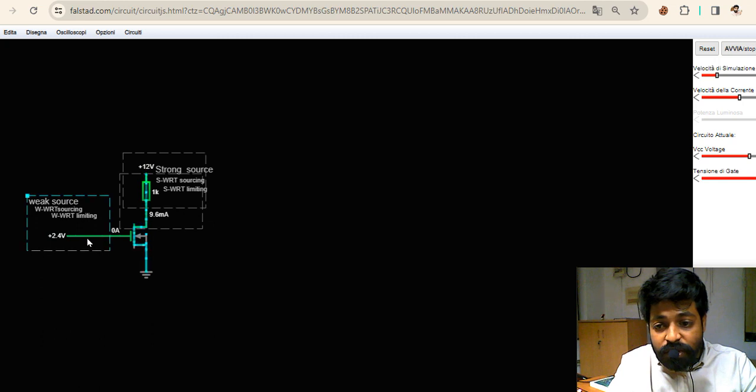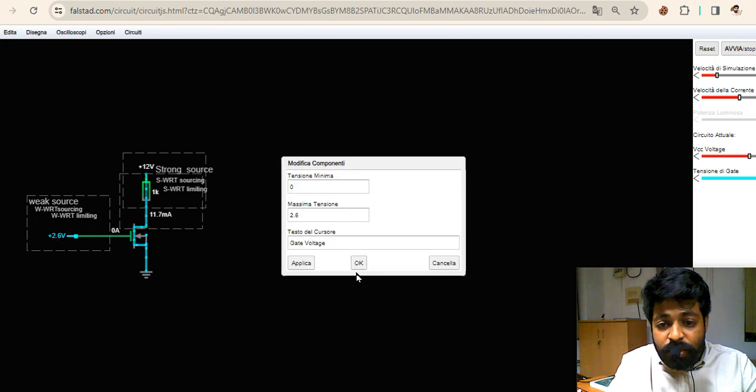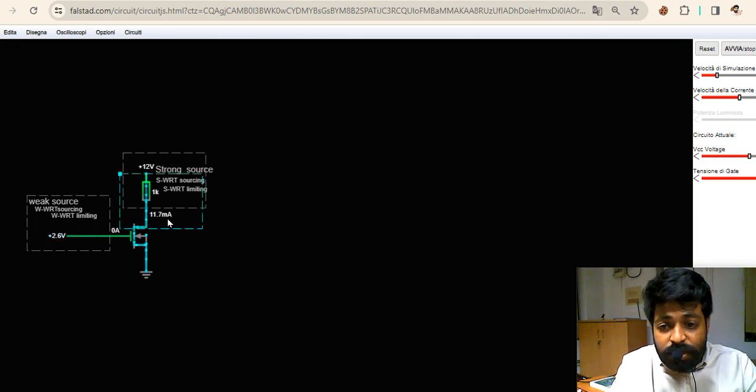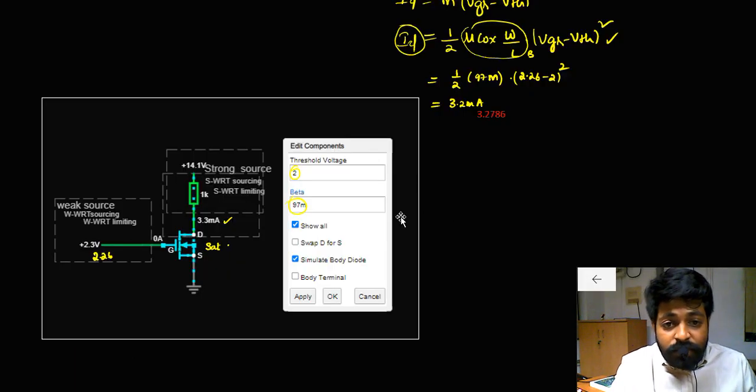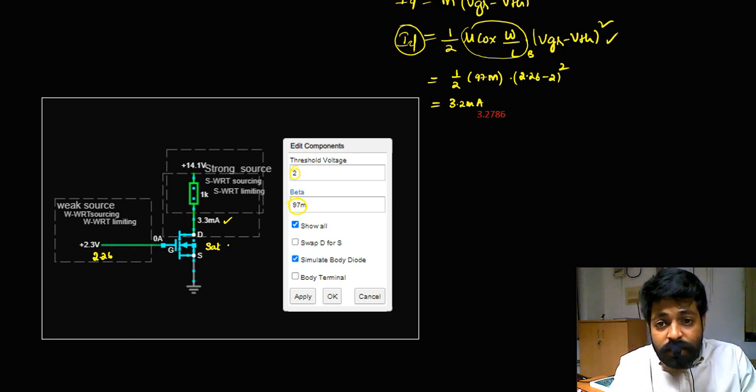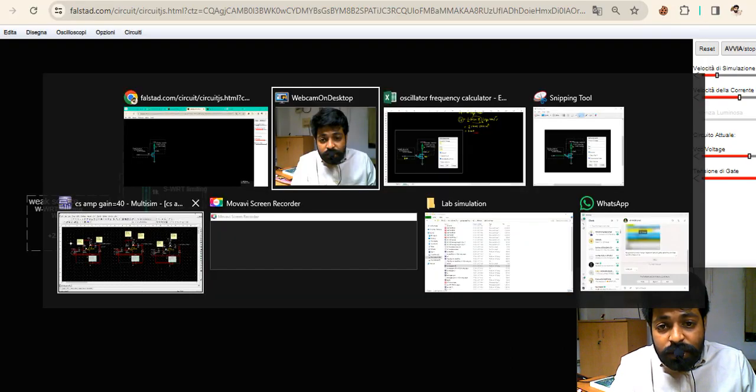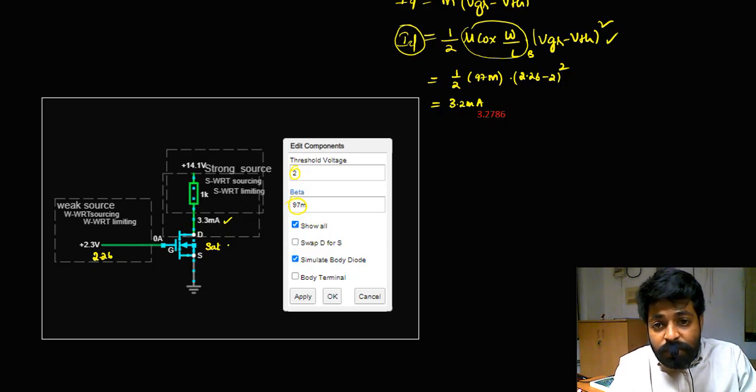So when I give the gate voltage of 2.6, the transistor is expecting a current of 11.7 milliamperes, as we calculate again over here. So the current expected is that much because of increasing the voltage. Let me keep the 2.6 over here, this is the new gate voltage.